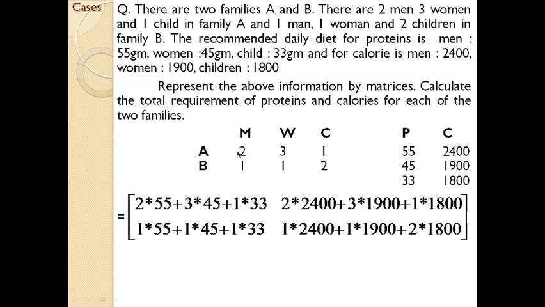You need to multiply the row of the first matrix with the column of the second matrix, and one row has to be multiplied with each of the columns, then only you can go for the second row. So here see 2 into 55, 3 into 45, 1 into 33, that is the first one. So one column is complete, so you go for the second column: 2 into 2400, 3 into 1900, 1 into 1800. So the first line is complete. Once you complete the multiplication regarding each column, you can go for the next row.